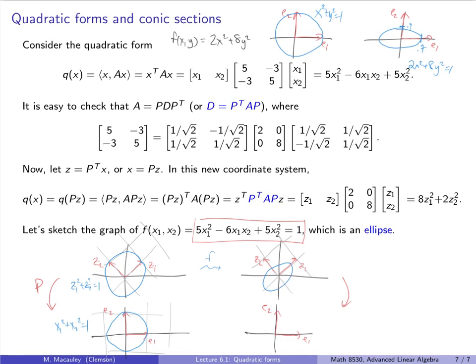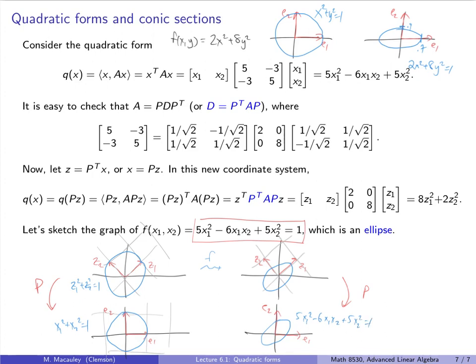And now P is the change of basis matrix. So down here, in this coordinate system, this is just 5x1 squared minus 6x1x2 plus 5x2 squared equals 1.